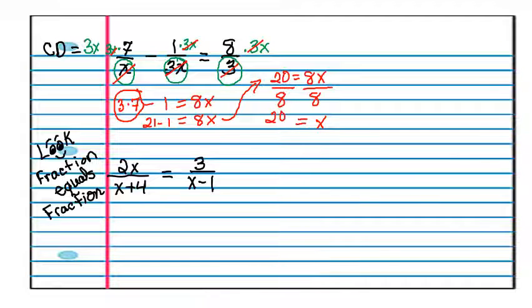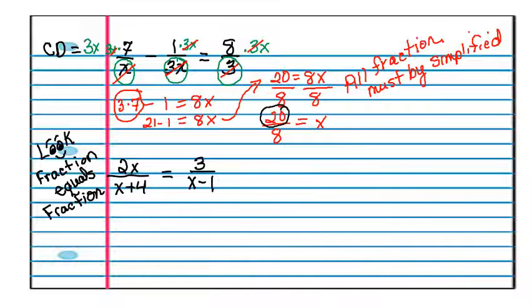However, what you always have to remember is all fractions must be reduced. They must be in lowest terms. They must be simplified. Three different ways to say the same thing. Okay, so we have an even number and we have an even number.